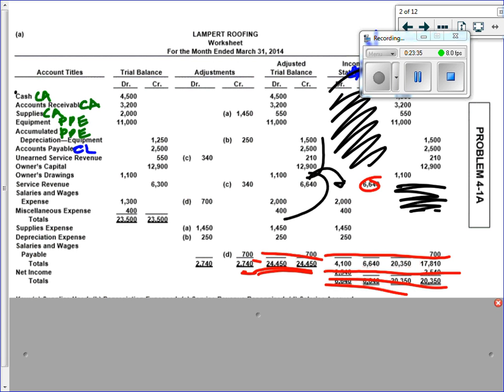I'd put it under current. Are we seeing any long-term? I don't see any. Long-term is usually a notes payable. Okay. Owner's capital, remember that's a forced number, meaning it factors in any additional investments, which apparently the book says we have $10,000 worth, plus net income minus drawings.